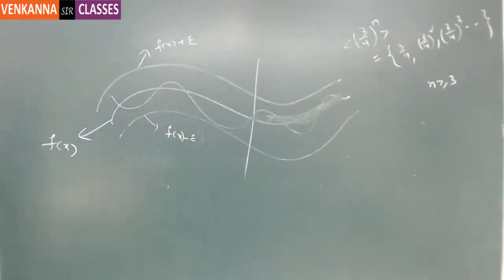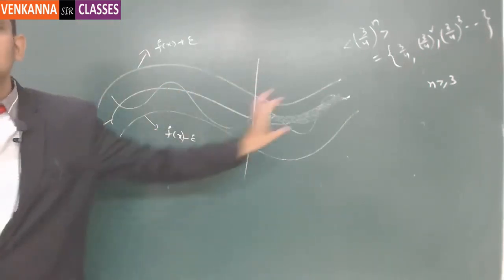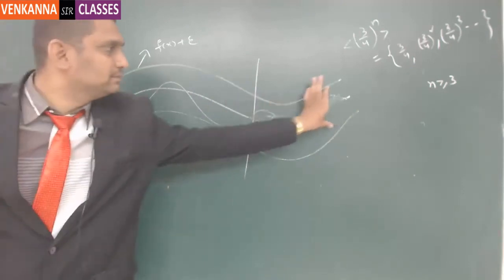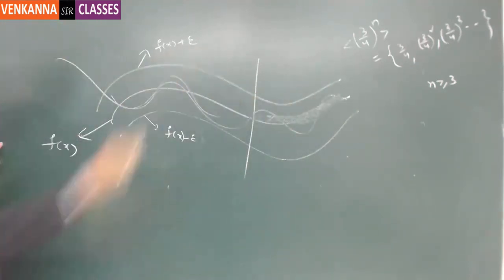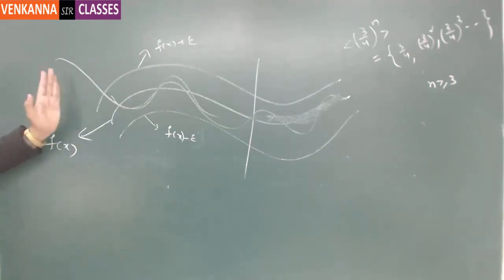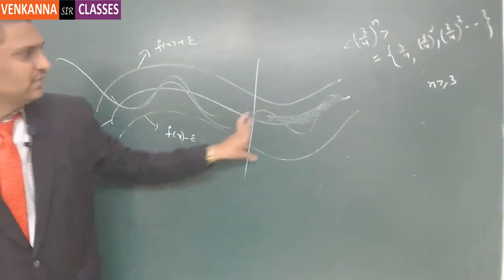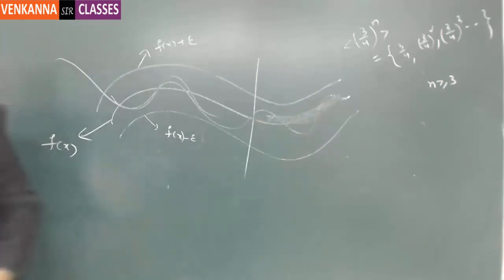That is the thing I want to mention. Whatever sequence fn you take, here you will have a lot of variation, but from here onwards all the sequence values will come in this way. Here the graph may be anything; it is beyond this, but from here onwards it lies between these two, whatever function you consider. That is one way you can think about the geometrical interpretation of uniform convergence.